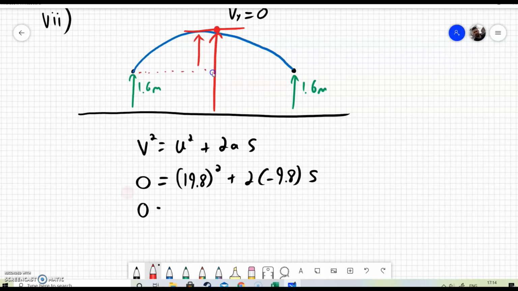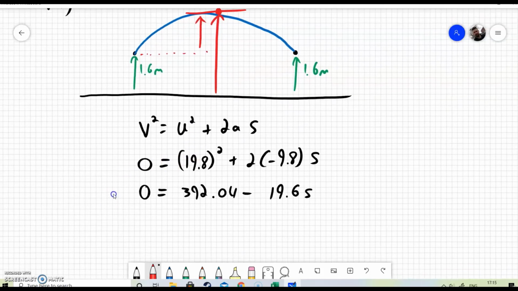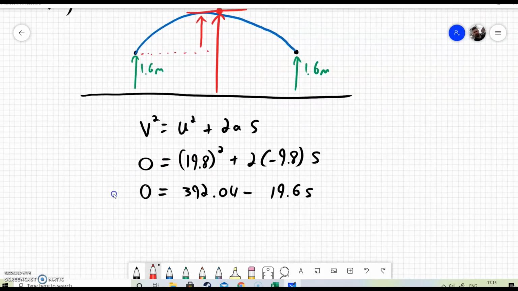That's going to give me 0 is equal to, and if I just square that number there, it gives me 392.04 minus, and if I multiply 2 by minus 9.8, that's going to give me minus 19.6s. So now I have a linear equation. I just need to bring the minus 19.6s to the other side and then divide.